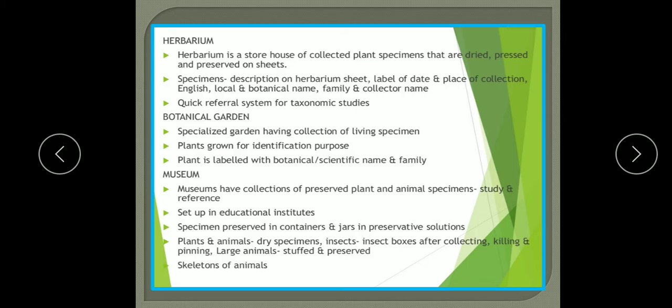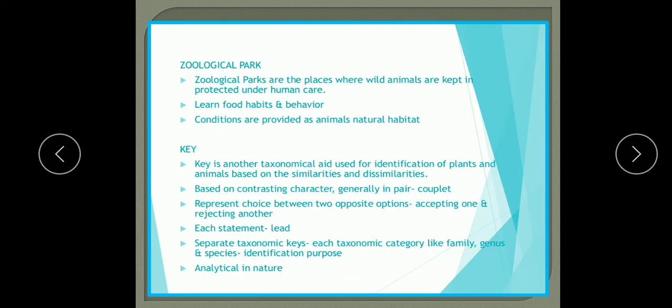And they keep the specimens on display for common people also by holding exhibitions on special occasions. These museums help to educate common people and generate awareness about the flora and fauna. Flora means the variety of plants and fauna means the animals also. So this is the museum.